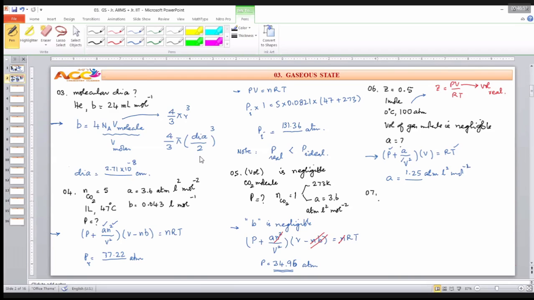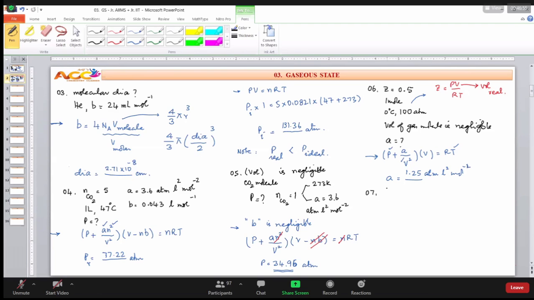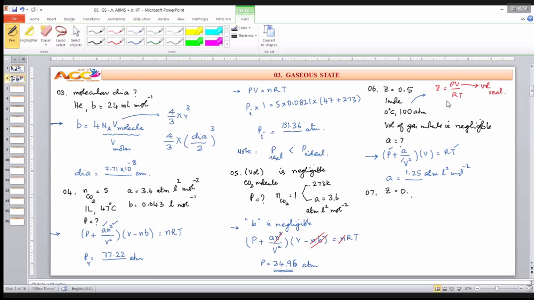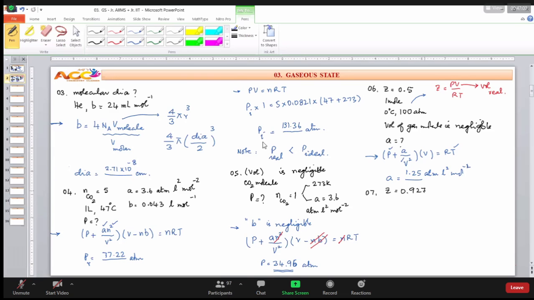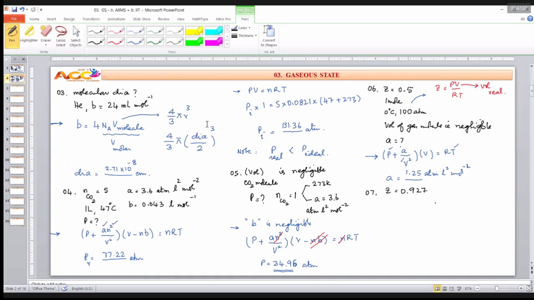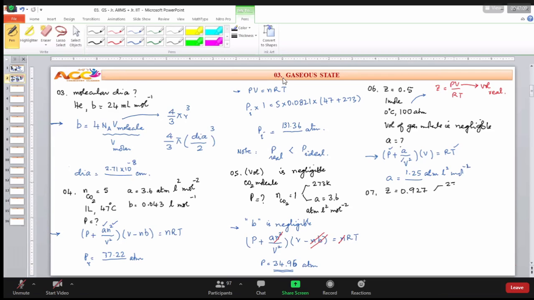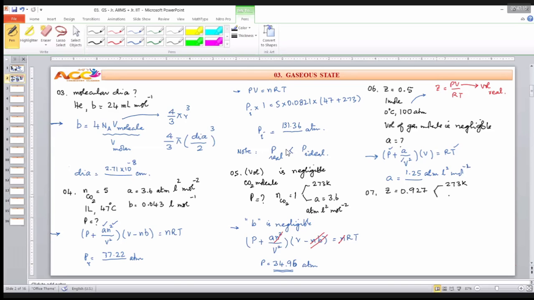Okay, no problem. The compressibility factor for a given real gas is 0.927, very close to ideal behavior at 273 kelvin and 100 atmospheres.